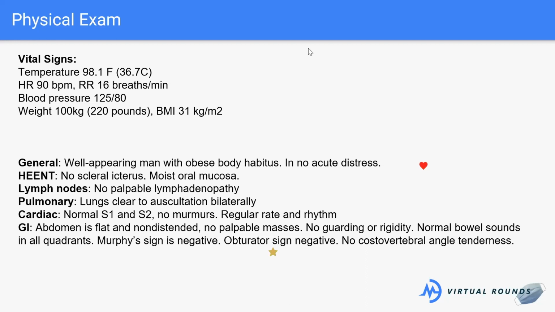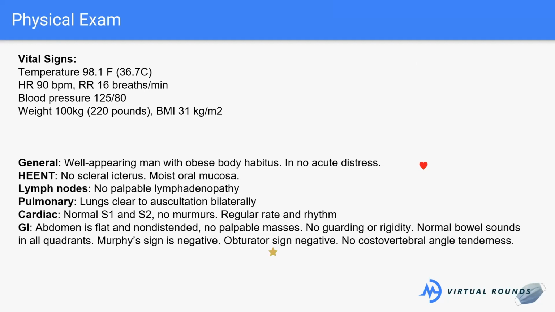It looks like he has slight tachycardia, but no abdominal findings. Yeah, heart rate 90. A little bit over 100 might be more concerning, but usually people when they're just resting might not have a heart rate like that. High BMI, yes, he falls into the obesity category with the BMI, so that could put him at certain risk factors for different diseases. Most notably though, the abdominal exam is pretty unremarkable.